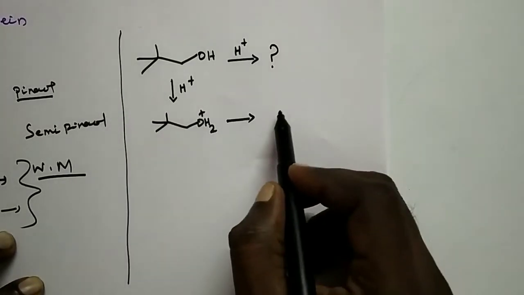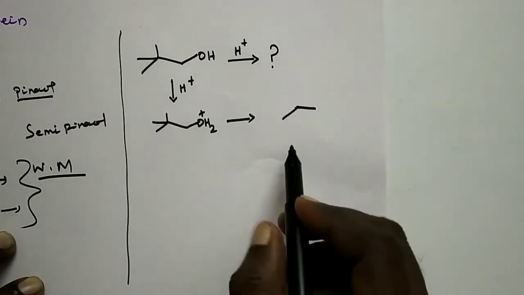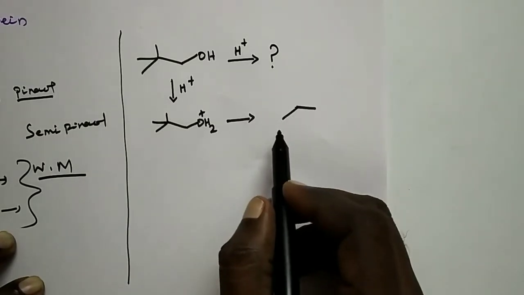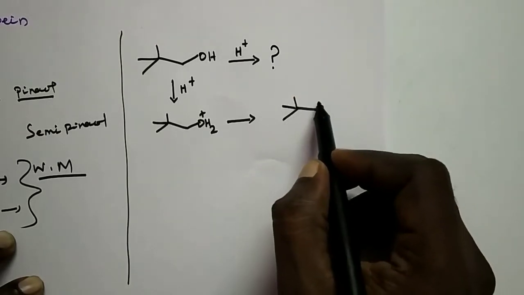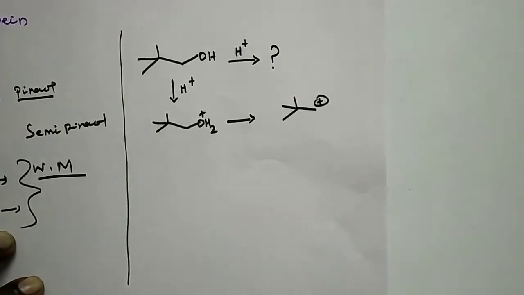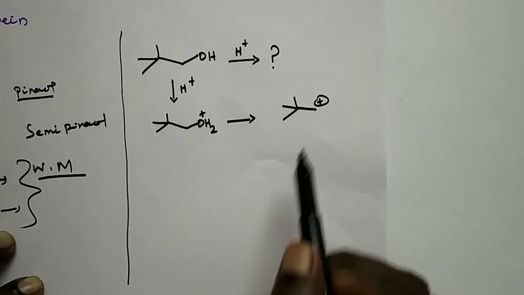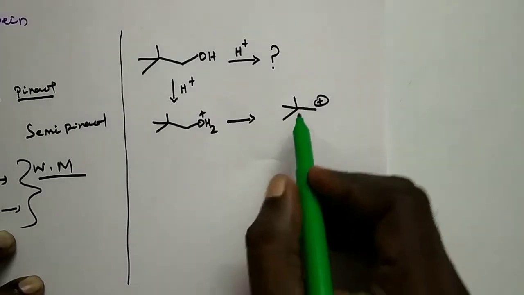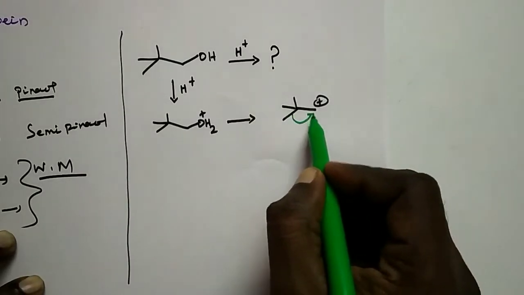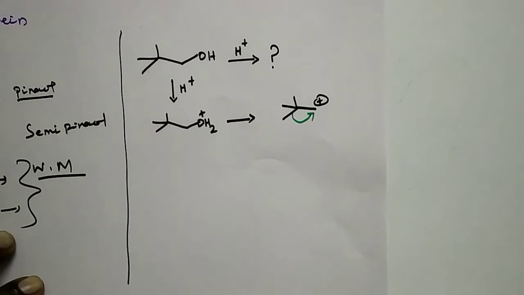I will get a cation, isn't it? So this cation is a primary cation, unstable one. As a result, this methyl group migrates, 1,2 migration of methyl group.